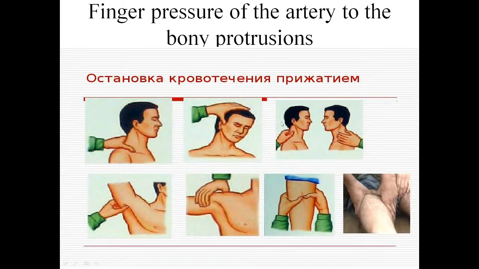And in these pictures, you can see the methods: finger pressure of the subclavian artery, finger pressure of the temporal artery, finger pressure of the carotid artery, finger pressure of the axillary artery, and finger pressure of the femoral artery. This is finger pressure of artery to the bony protrusions.